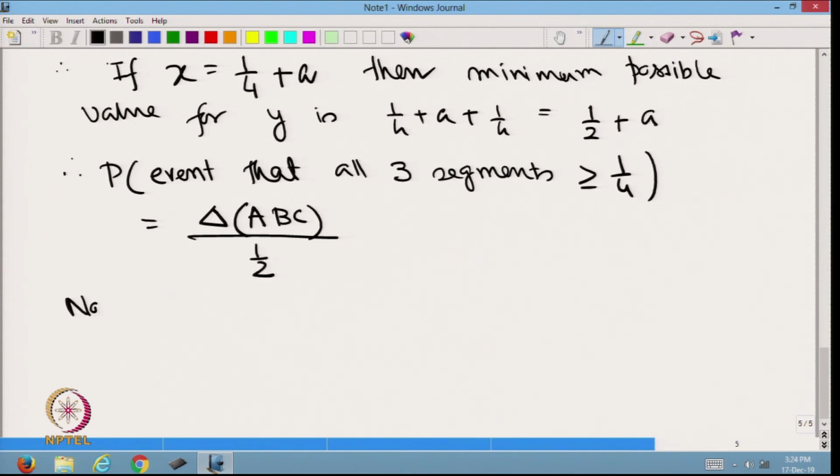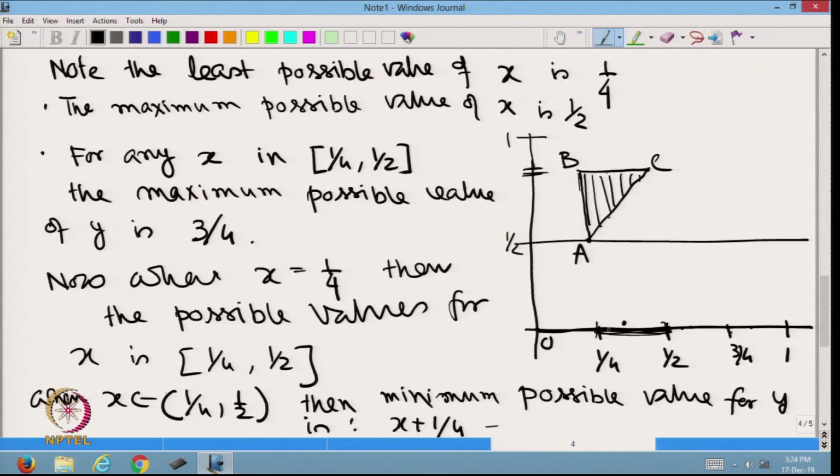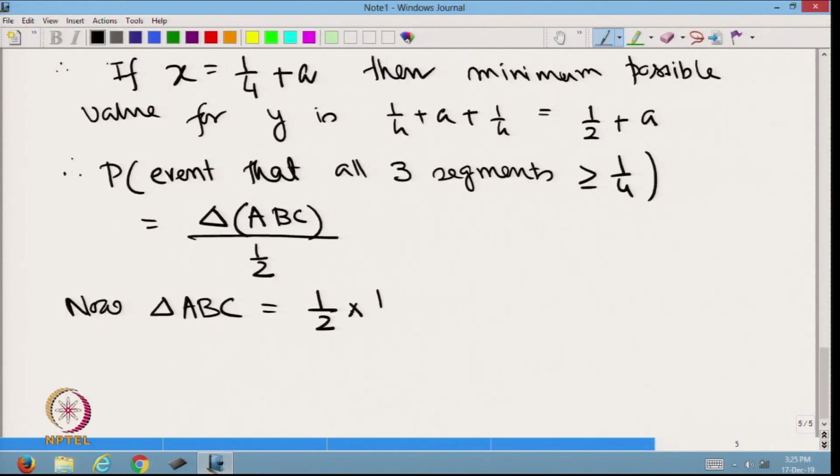Now, area of triangle ABC is equal to half into base, the base is of length 1 by 4, and altitude, which is again from half to 3 by 4, so 1 by 4.